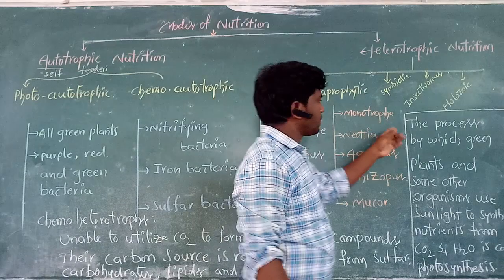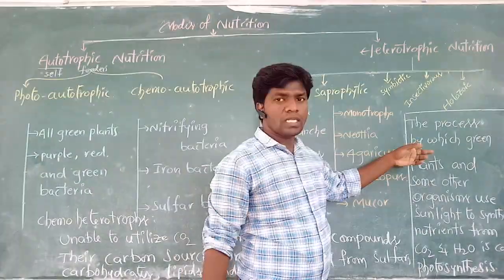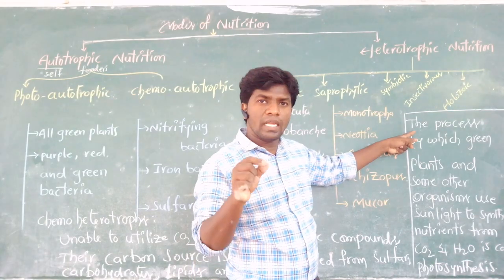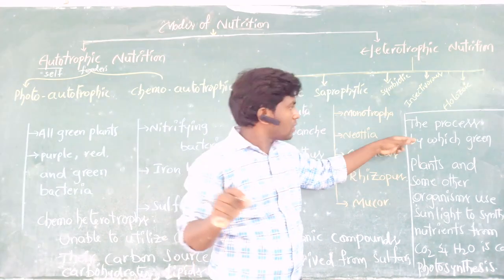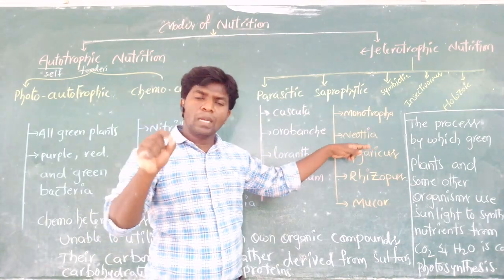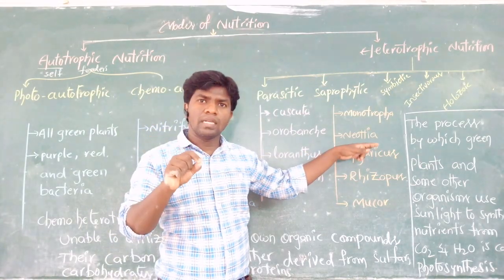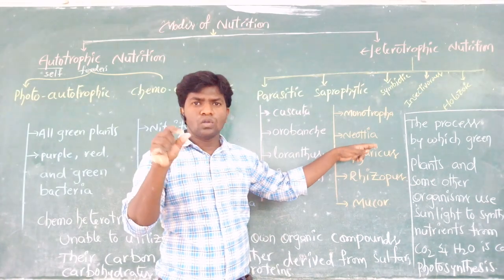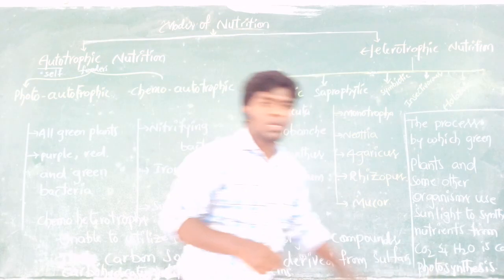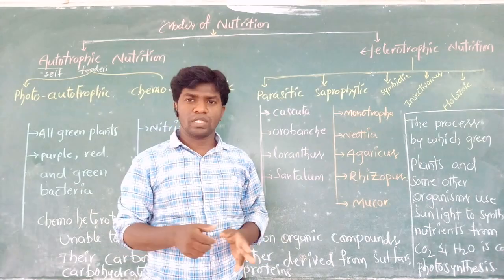Look at the board. I wrote the definition of photosynthesis: the process by which green plants and some other organisms use sunlight to synthesize nutrients from carbon dioxide and water is called photosynthesis.